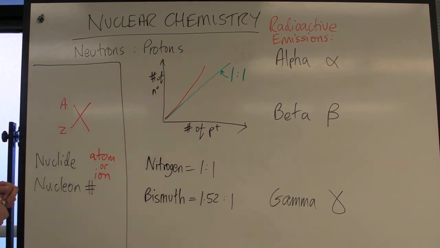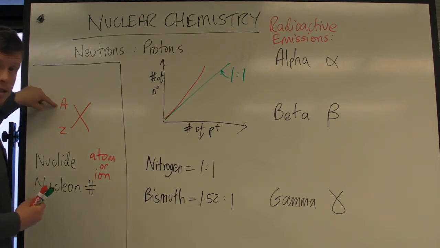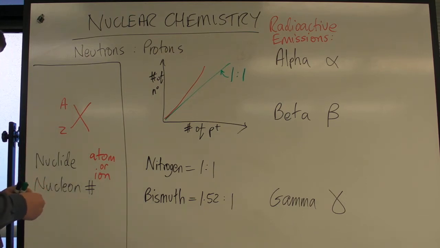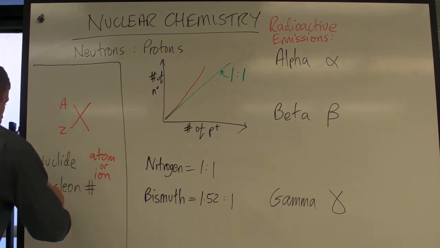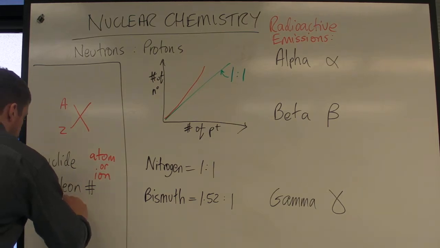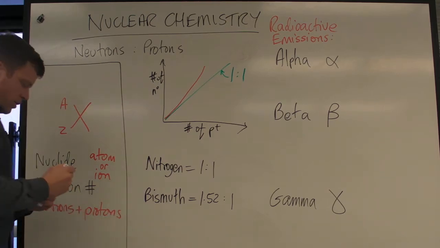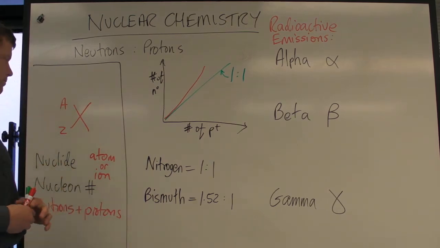Alright, so the other difference is instead of calling A, which is ordinarily the atomic mass number, we call it the nucleon number. So the nucleon number is the number of neutrons and protons. So almost identical definition.